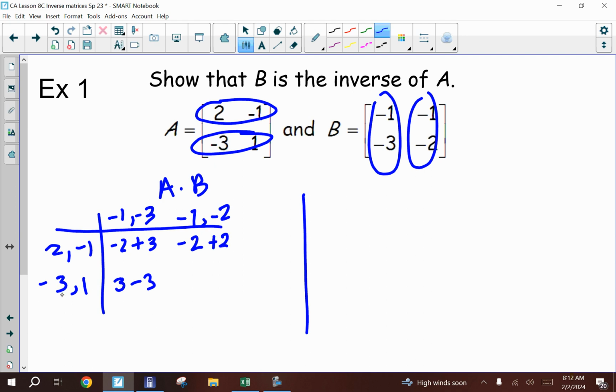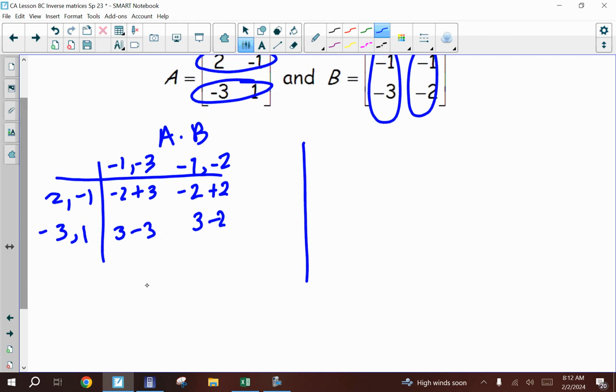And then finally, -3 times -1 is 3. And then 1 times -2 is -2. So if you work this all out and simplify, we end up with 1, 0, 0, 1. So far, so good. That is the identity.